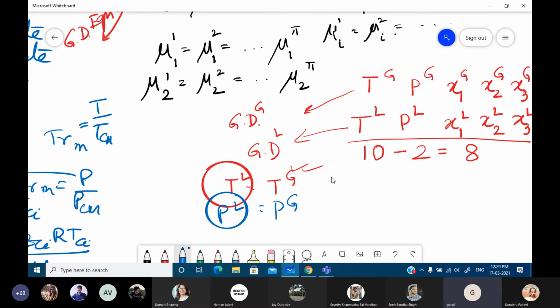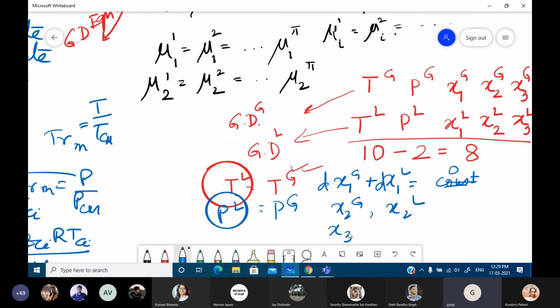The other equation tells you X1 gas plus X1 liquid equals a constant, or in other words, dX1 gas plus dX1 liquid equals 0. So therefore, if you know X1 gas, you can find out X1 liquid. In the same way, there is another equation which connects X2 gas and X2 liquid.